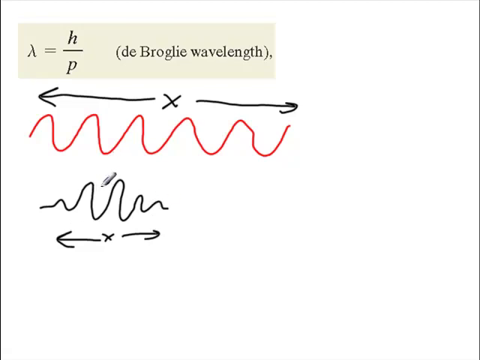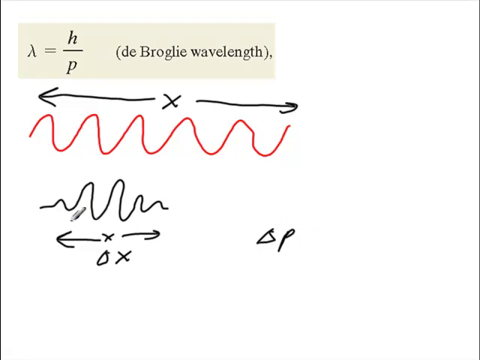But the trade-off I get is that I had to add up many different wavelengths to confine this to a single space. In other words, now I've got more than one wavelength, so more than one momentum. I've got a smaller uncertainty in position, but in return for having a larger uncertainty in momentum.